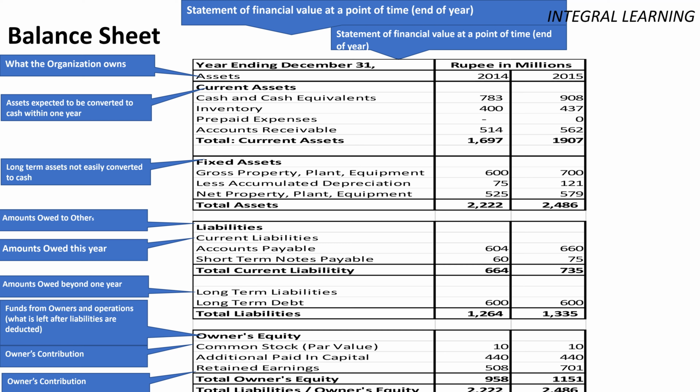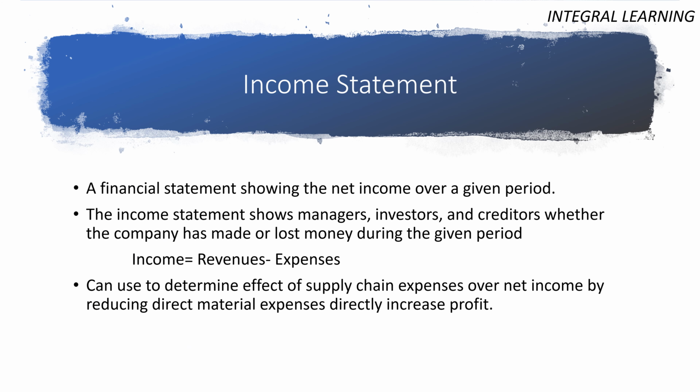Owner's equity is what owners have contributed, which includes common stock or additional paid in capital. Then is retained earnings, which is reinvested funds from operations. Now here you can see that total assets is equal to total liabilities plus total equity of both years.